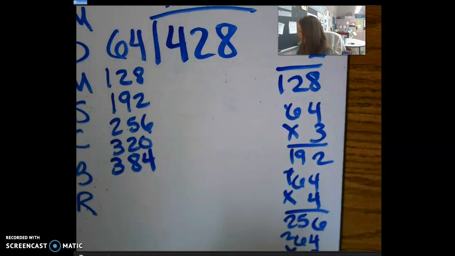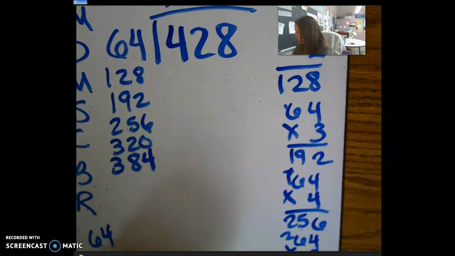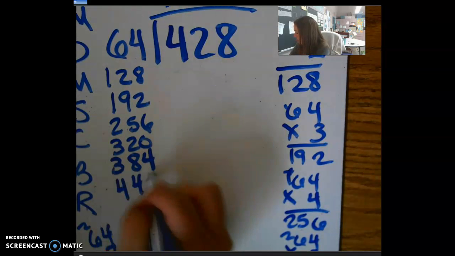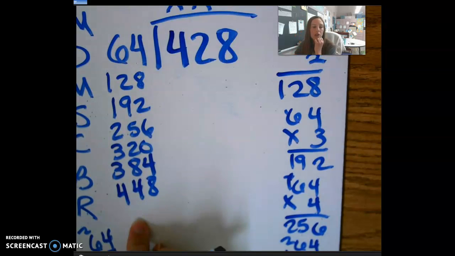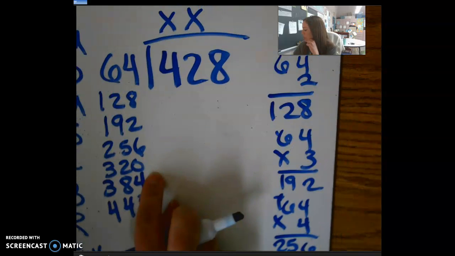And let's do 64 times 7 and see where we get. 448. So we see here that going all the way to our 7th multiple is too big. So we need to choose our 6th multiple.